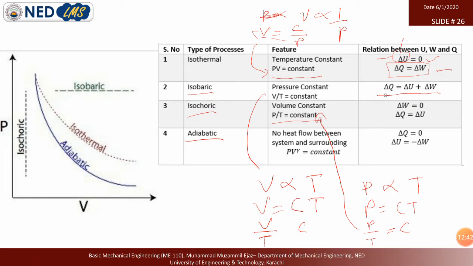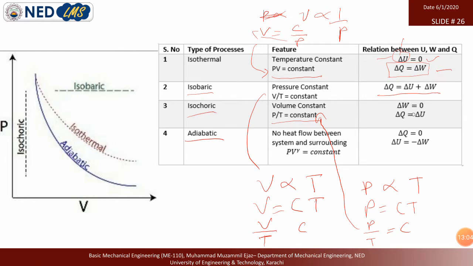So delta Q is over here, and in the same way heat transfer will take place in the system. During the heat transfer, the internal energy will change, and during this process some work is done, the work done could be on the system or by the system.